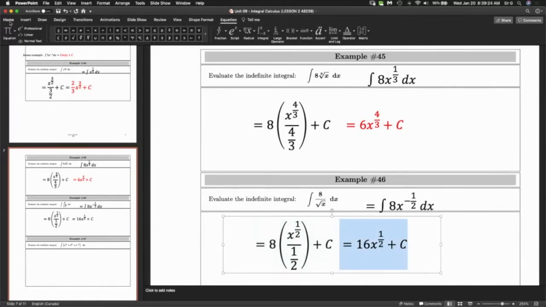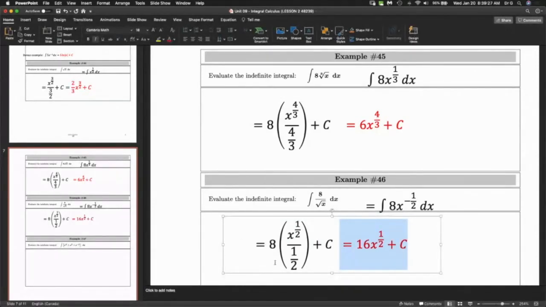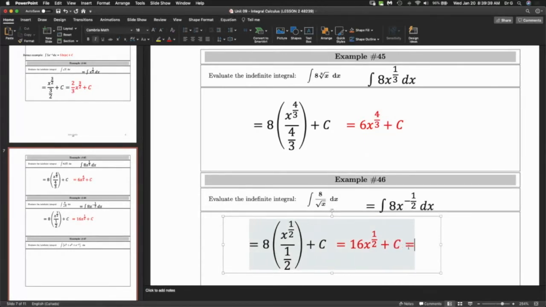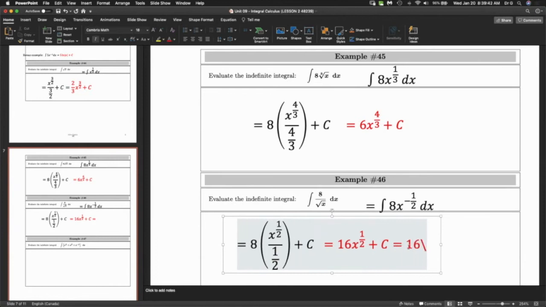Remember, I'm inverting and multiplying. When you do 8 divided by a half, you're doing 8 times 2. I don't care if you write this as a square root. You could write this as 16 if it compels you to.